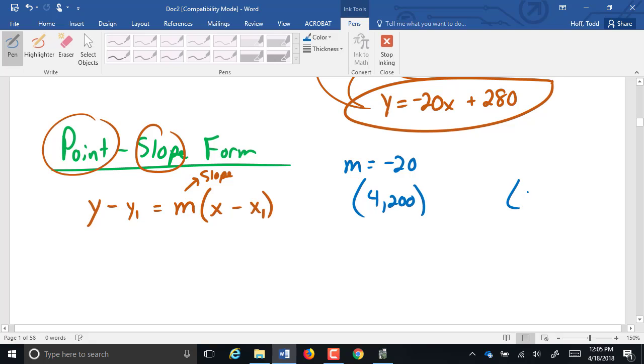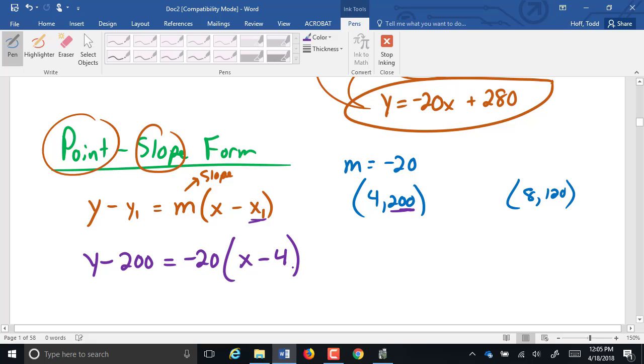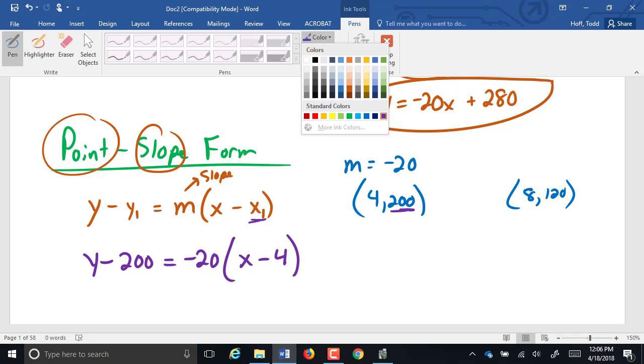We also had that 8, 120, and I'll show you in a second that would give us the same equation either way. So I can plug this in here, y minus the y value of my point, 200, equals m, which is negative 20, times x minus the x value of my point, which was 4. There is a valid equation to describe this.